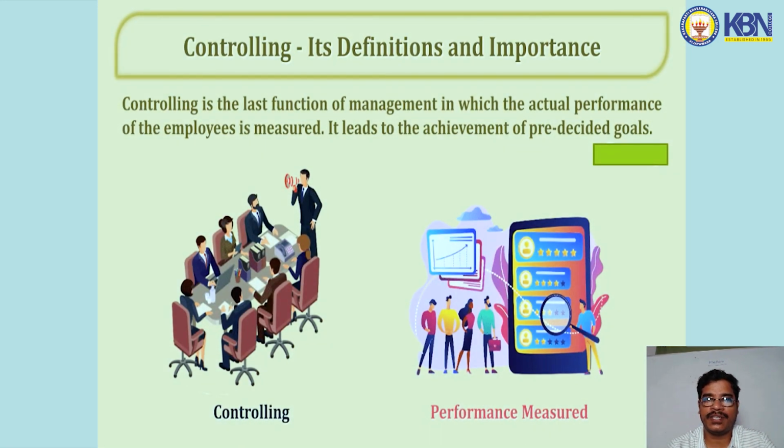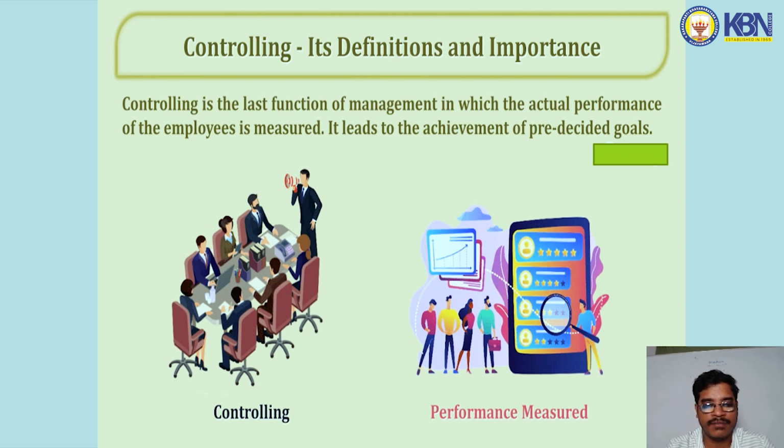When it comes to the definitions, controlling is the last function of management in which the actual performance of the employees is measured. It leads to the achievement of pre-decided goals. As I mentioned in the previous videos, every organization will be designed with certain kinds of objectives, with certain desired goals to be achieved by every individual employee and every individual department.